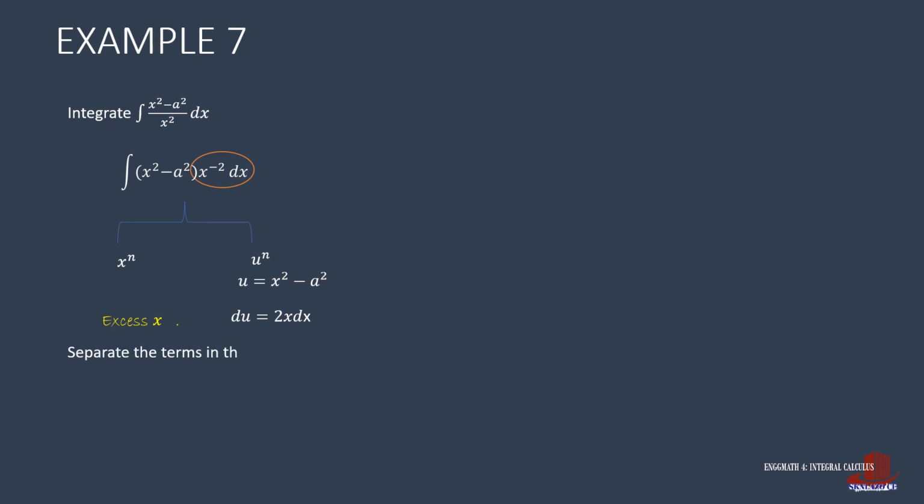So we separate variables by going back to the original function and dividing each numerator by x squared, resulting in the integral of 1 minus a squared over x squared dx.